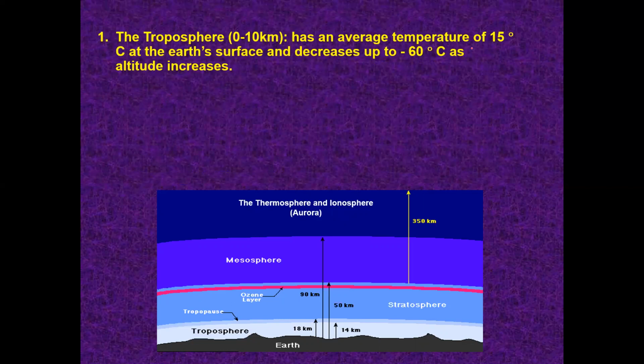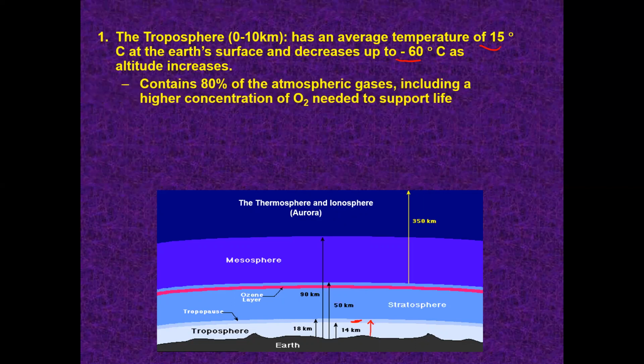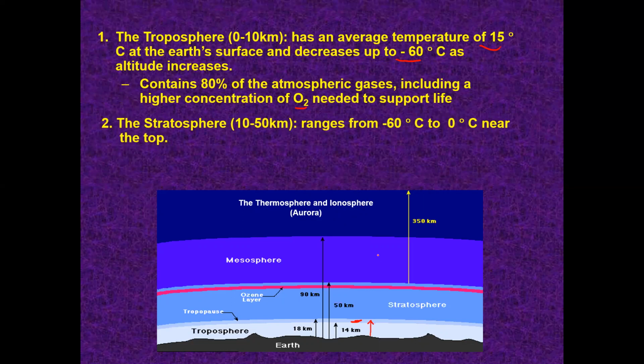Troposphere, average temperature about 15 degrees Celsius, but it can go down to minus 60 when we get up here. Up here, as pressure decreases, it gets much, much colder. 80% of the gases, including higher concentration of oxygen. Stratosphere, minus 60 to 0. Well, this is weird. All of a sudden, the temperature starts getting warmer.